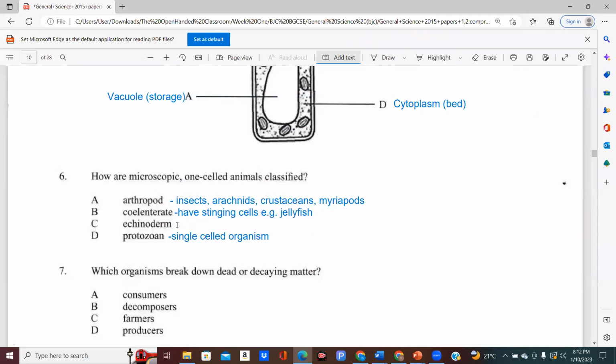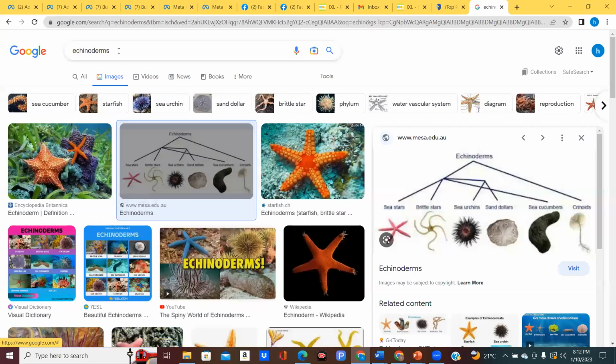All right, and then we have echinoderms, the starfish. And then protozoa, or protozoan, they are single cell. There's stuff like your amoeba, and they are single cell organisms.